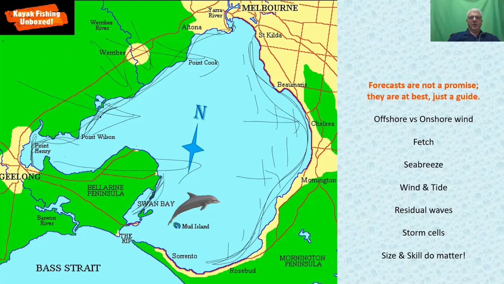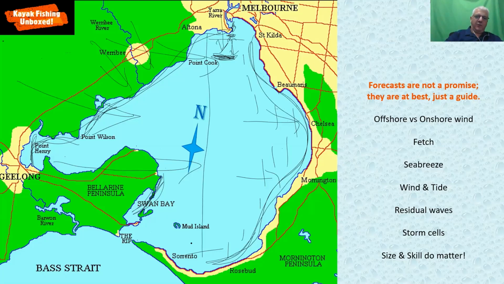Now, another terminology used when we're talking about the wind is a thing called fetch. Fetch is the distance over the water that the wind travels. So if you're fishing in a kayak here and the wind's blowing from the north, the fetch is the distance from where the wind hits the water to where you are. That's only a short distance, so that could be quite comfortable.